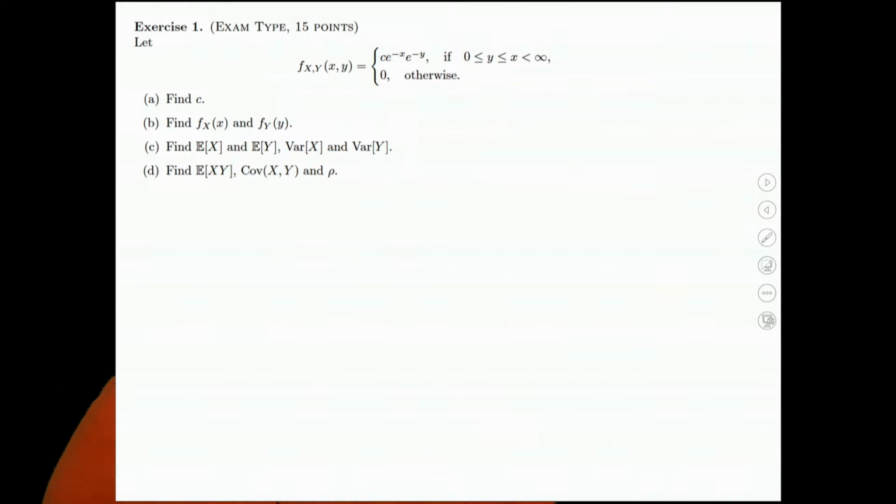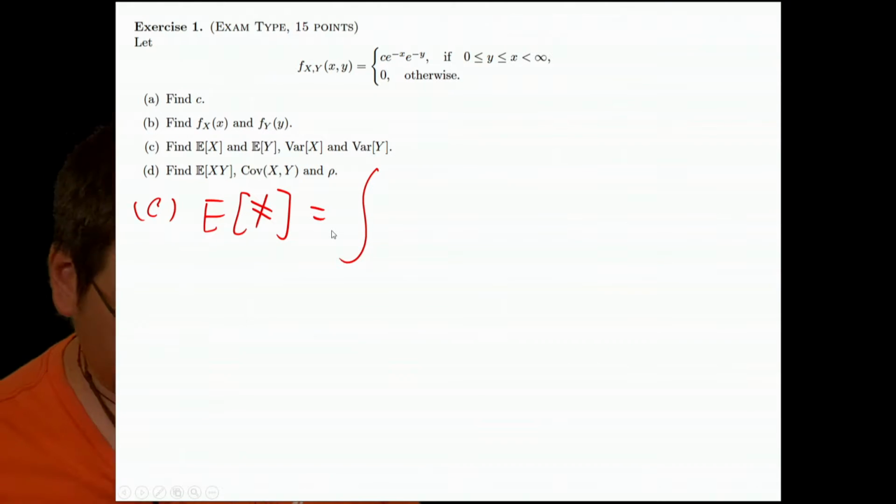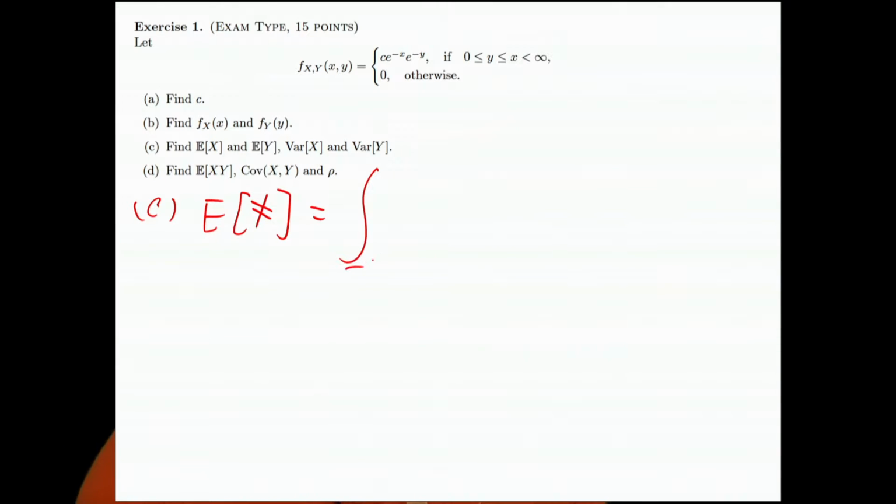Since you know the marginal PDF of x and y, you can find the expectation now. For a continuous random variable, I consider all possible outcomes times their weighting. Their weighting is the PDF of x.